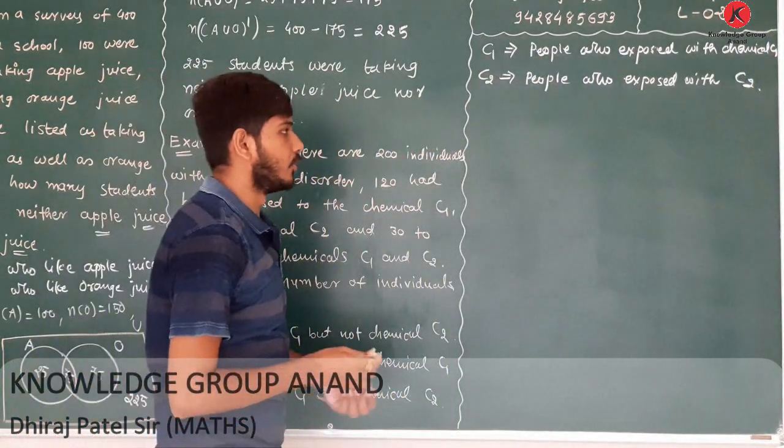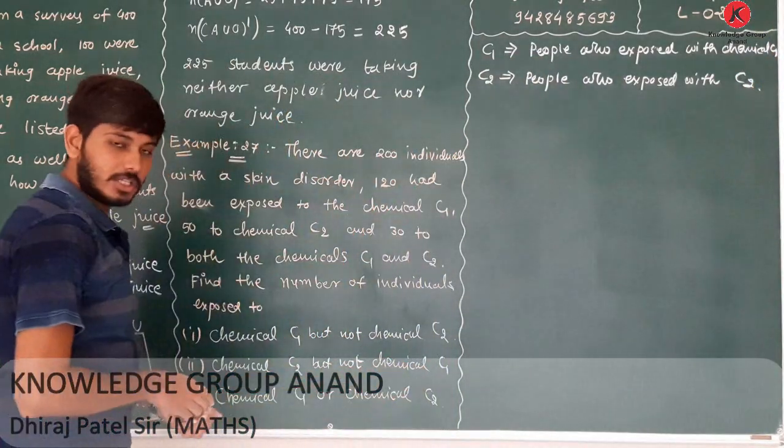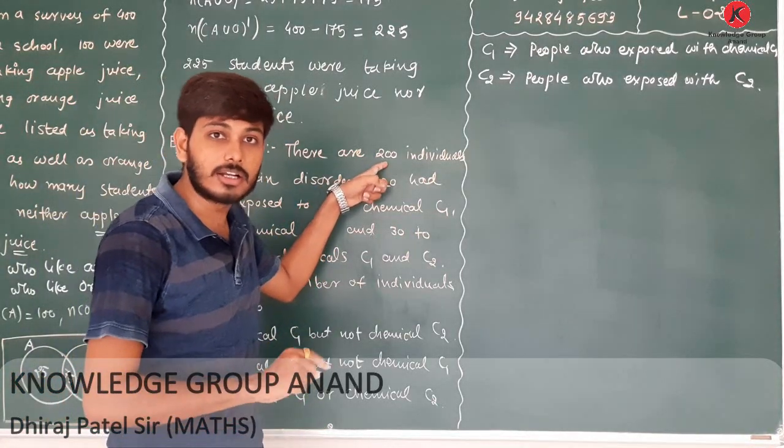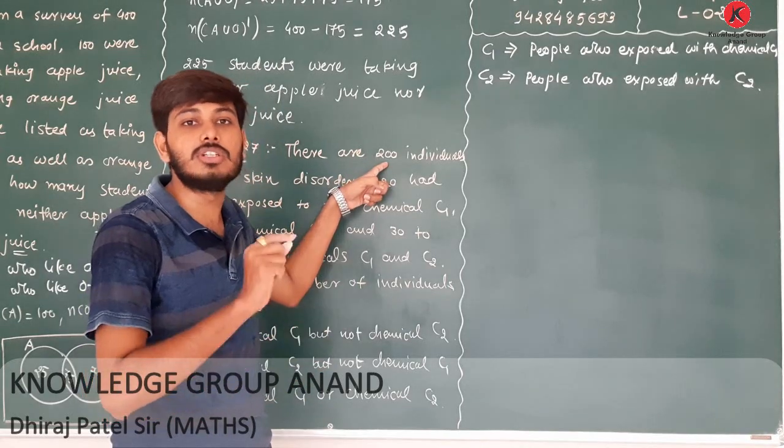Okay, so now write down the given data. Here 200 is the number of the universal set or the number of C1 union C2.